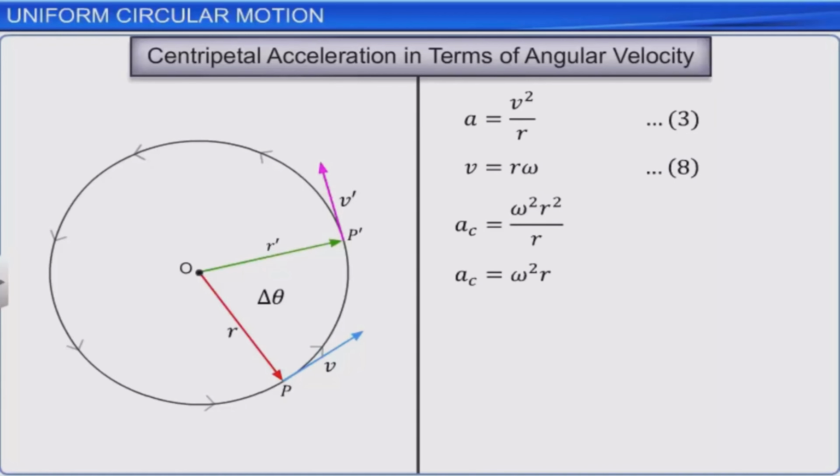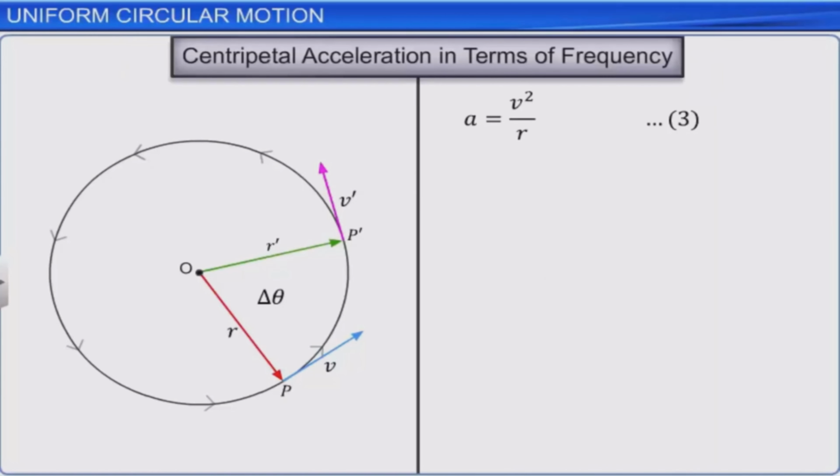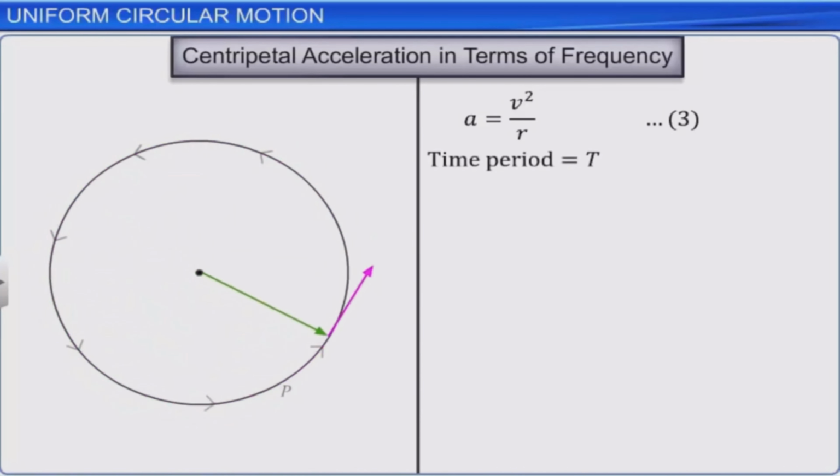Now let us find the centripetal acceleration in terms of frequency. Time taken to make one revolution, that is, time period is T. Frequency, f, is the number of revolutions in 1 second.